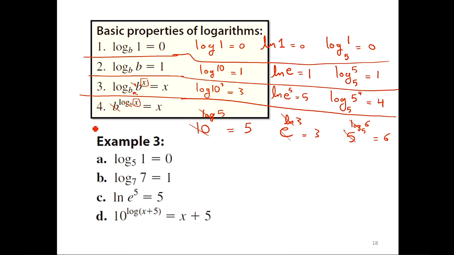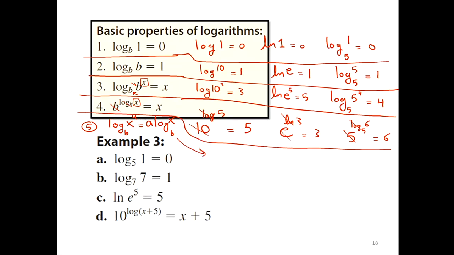Also we have number 5: logarithm base a of x to the power a. We can put the exponent outside the logarithm, x to base b. If we have an exponent, we can put it outside the logarithm.